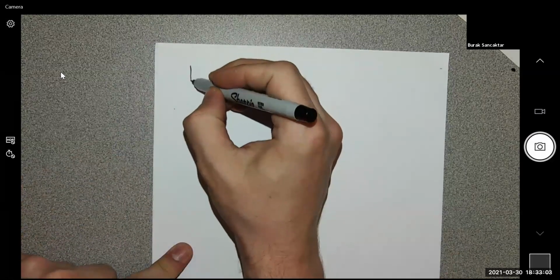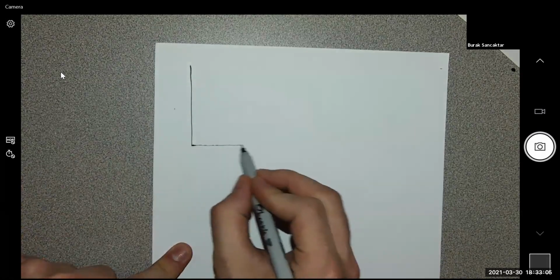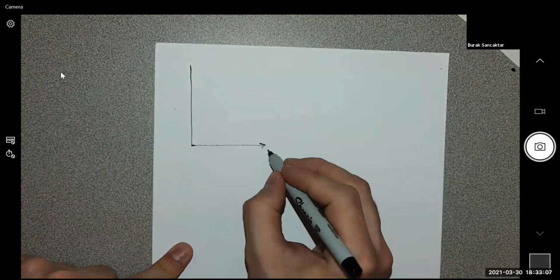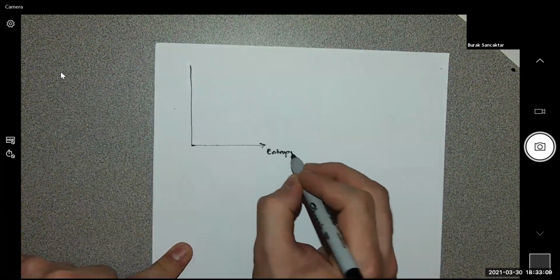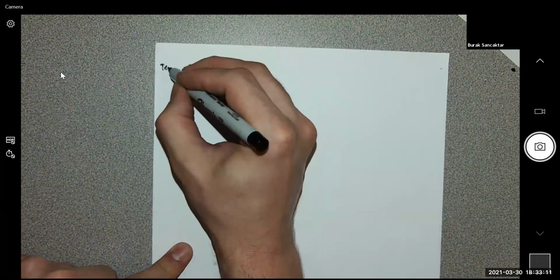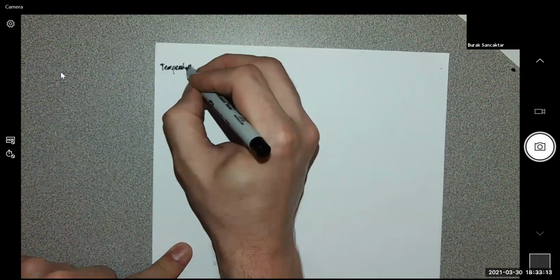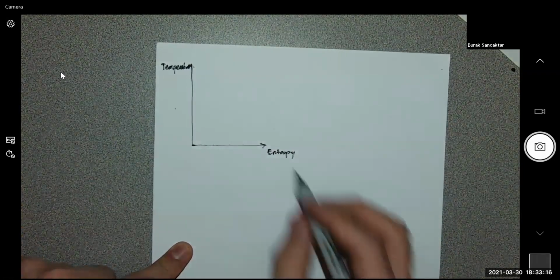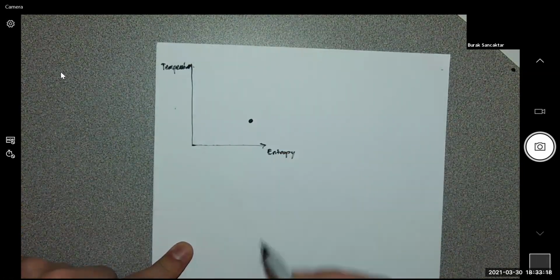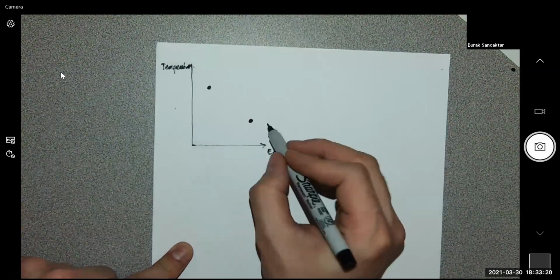You're also asked to sketch this on a TS diagram. Entropy, temperature, at state 1 and state 2.